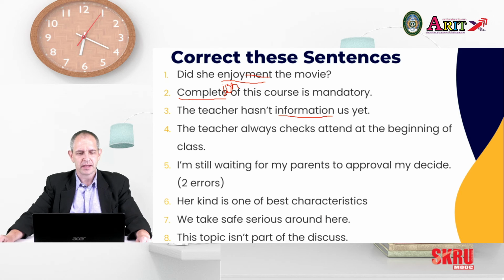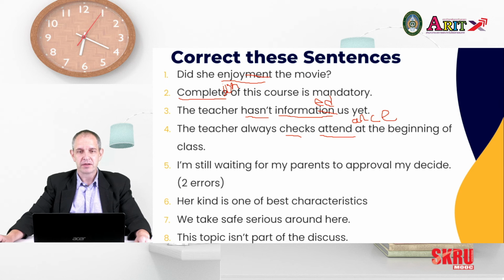It's after has, so usually it's present perfect, so we know we need a verb. Information is a noun. So the verb is inform, but we need the past participle, informed. The teacher hasn't informed us yet. Number 4: the teacher always checks attend at the beginning of class. Attend is a verb, and when you check a noun, so we need to check attendance.